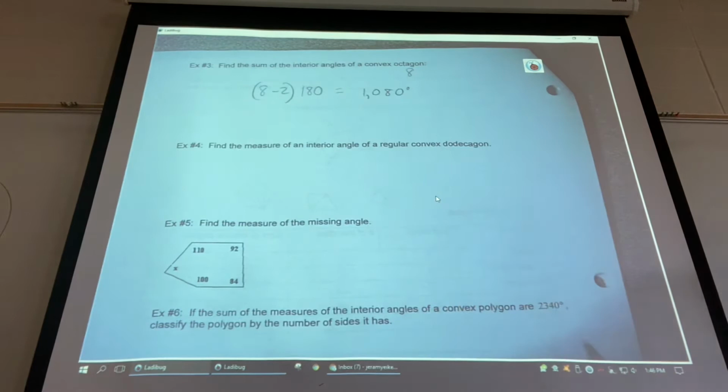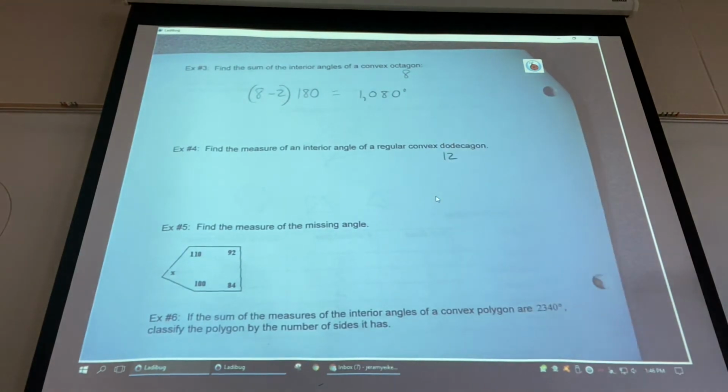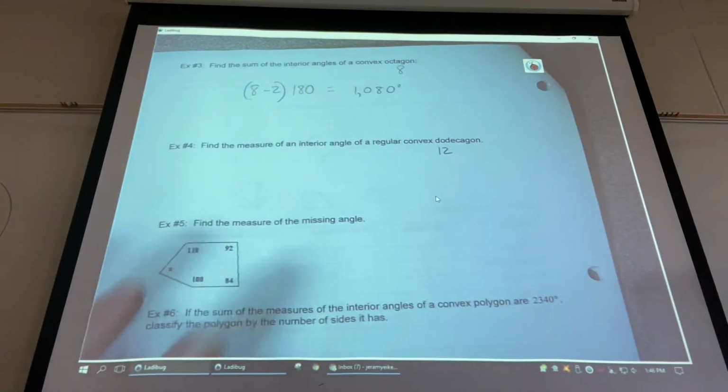Example 4 says find the measure of an interior angle of a regular convex dodecagon. A dodecagon is a 12-sided figure. Does anybody have a plan for this? 12 minus 2 times 180.